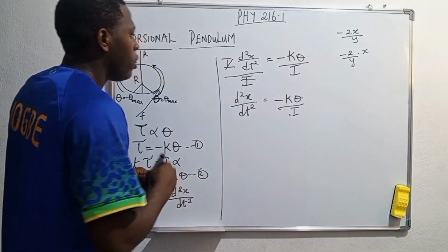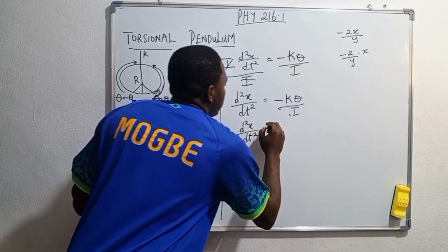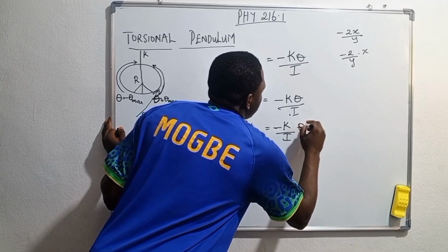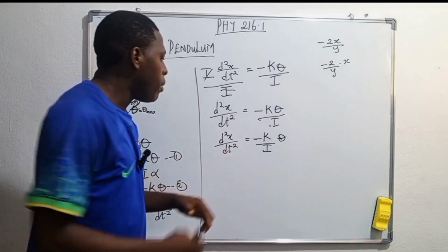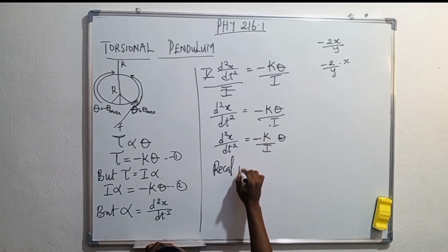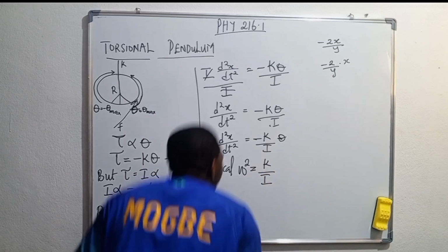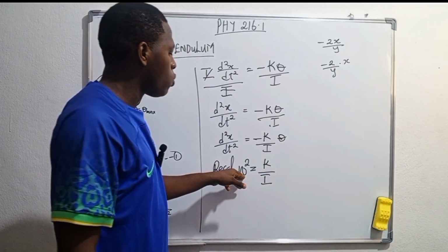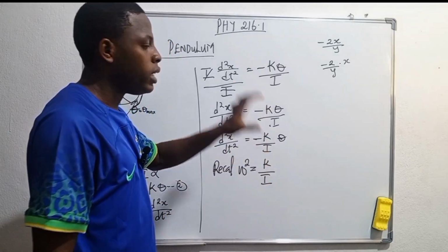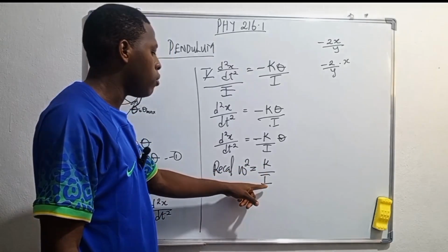We have d square x over dt square equal to minus k divided by I multiplied by theta. But recall, we have omega square equal to k divided by I. So we use omega square to represent k divided by I, the torsional constant divided by moment of inertia.